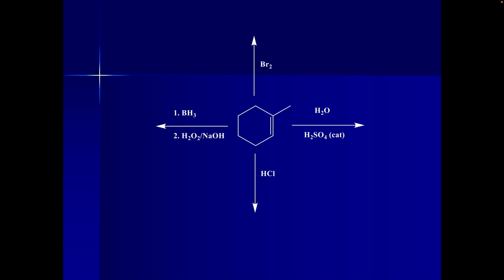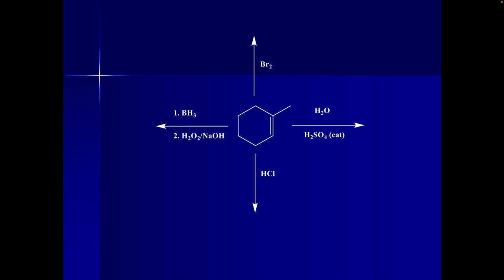HCl. What's the product going to be? One gets the Cl. Very good. And then our favorite, the hydroboration oxidation sequence. What do we get? One gets the OH, and two gets the H. If I did that, I end up with this.